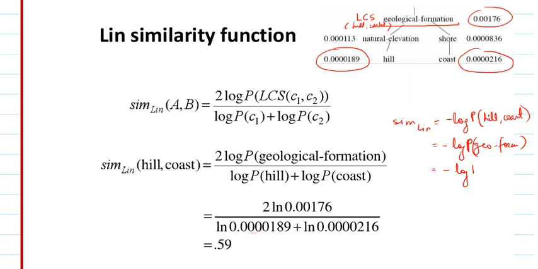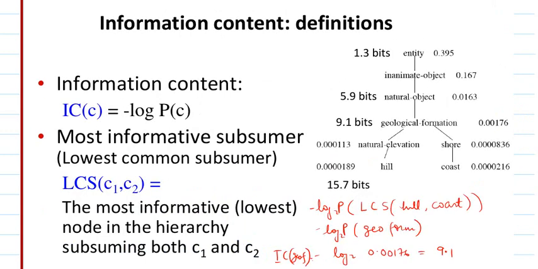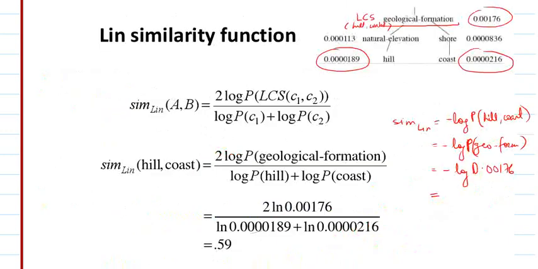P of geoformation is 0.00176, so that is 9.1. So we can calculate these two similarities in this way.